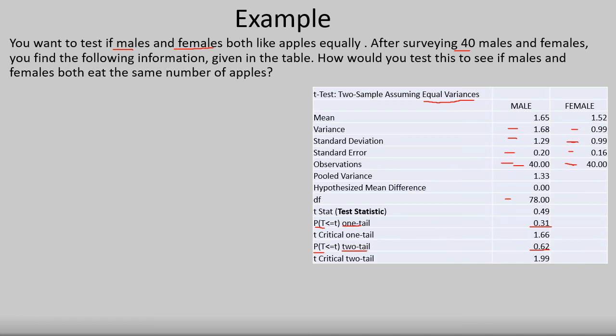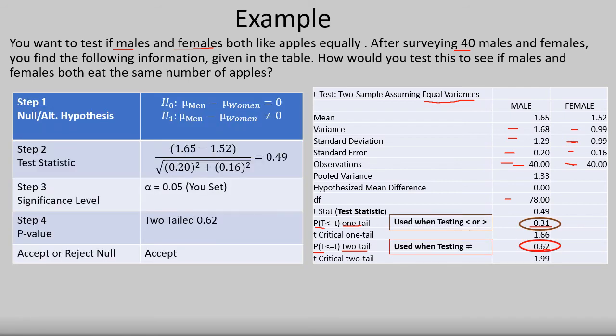So let's figure out the steps that we had in order to run this test. I'll just show you all of them because it'll be easier to explain. Step 1 is determining your null and alternative hypothesis. In this case, we said that men and women both eat the same number of apples. So we subtract them, and we're saying it's going to be equal to 0, because the population means of men and women are going to be equal.